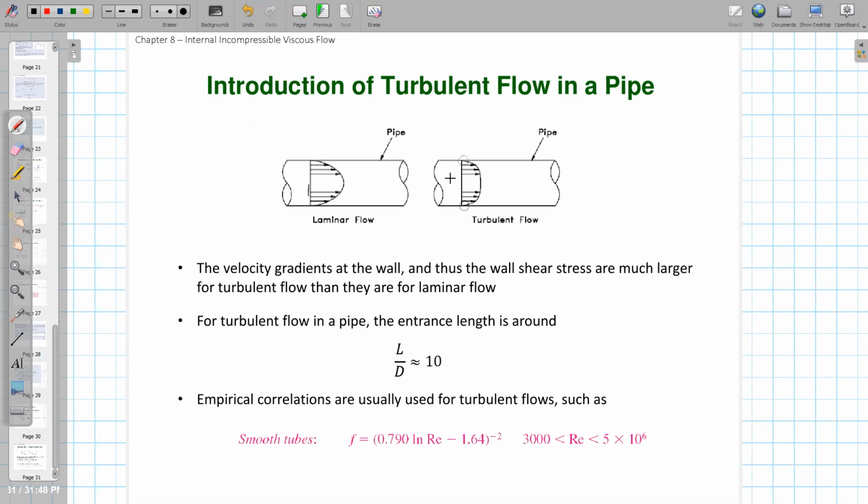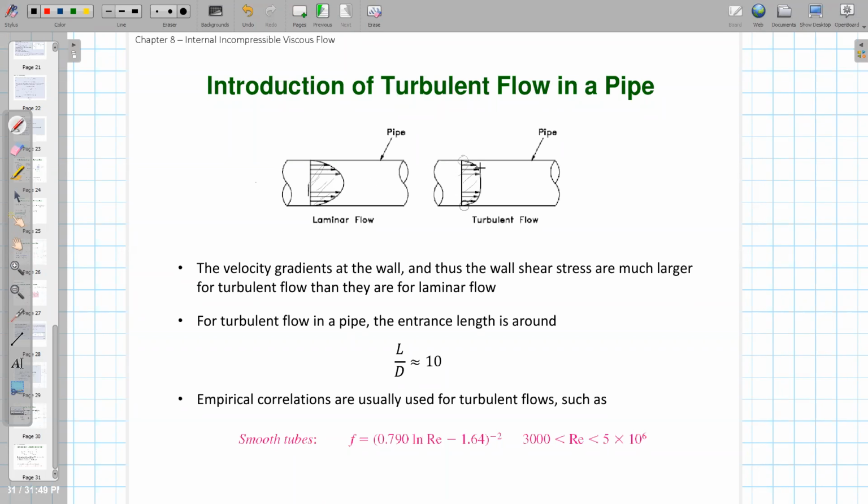Remember that between these two profiles, the area inside must be the same, because the area gives us the volume flow rate. Let's assume the volume flow rate for laminar and turbulent is the same. So the area inside should be the same, but this one is very steep and this one is not that steep.